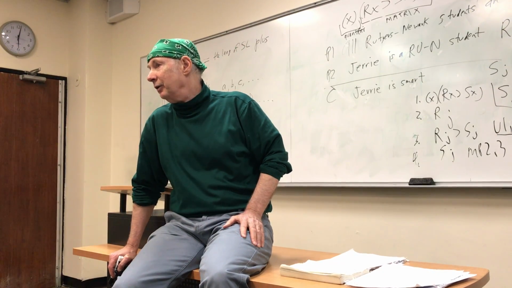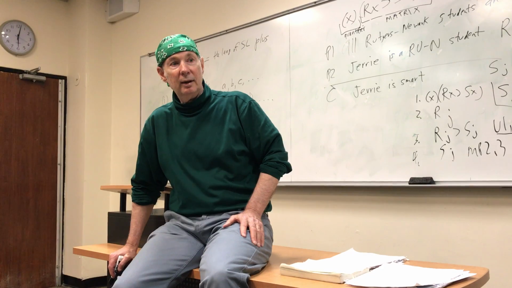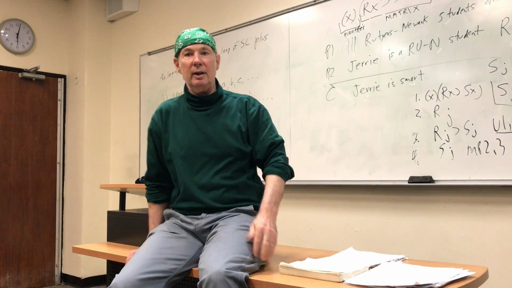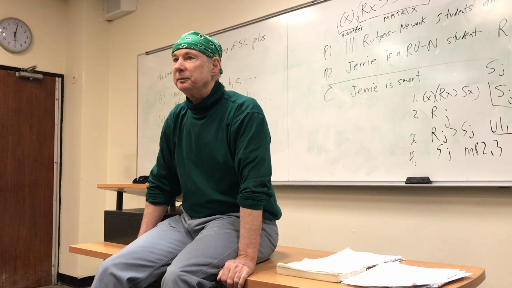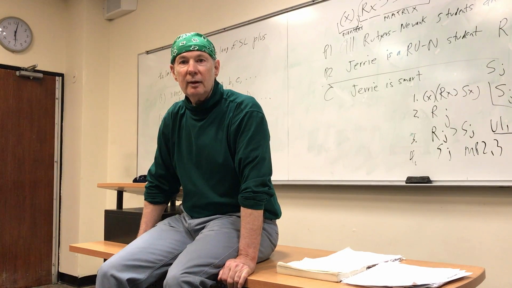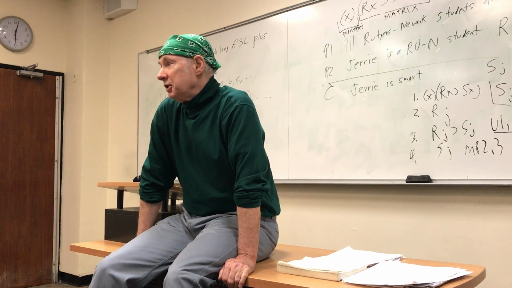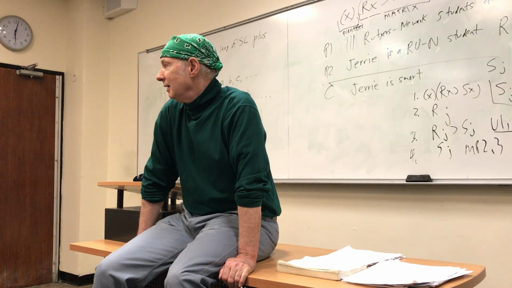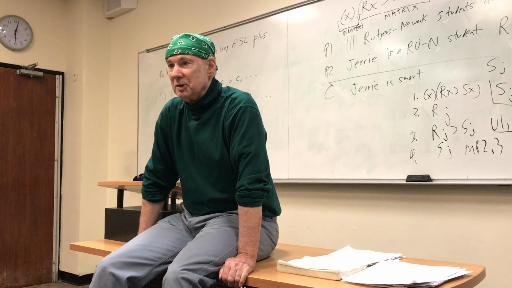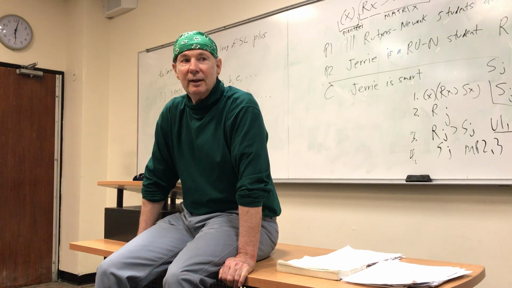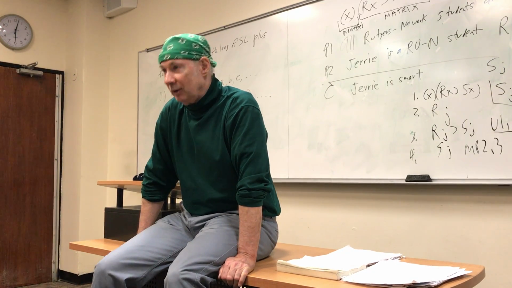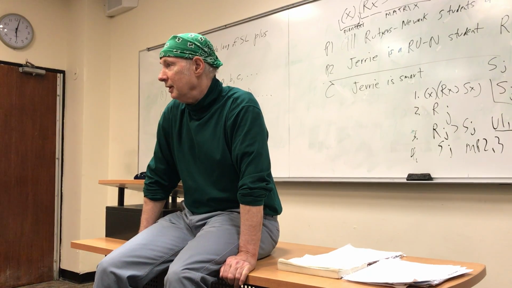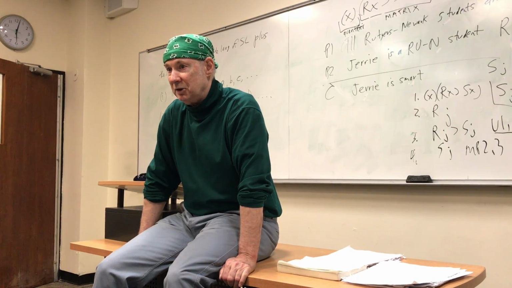I simplified out the conjunct where the object was Jack, or Jerry, whatever the guy's name is. And one step, modus ponens. Looks like a breeze. That's good news. The good news is that the sentence logic part of these proofs in predicate logic will be very easy.